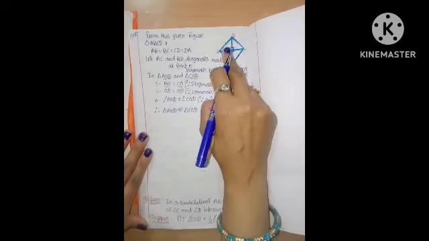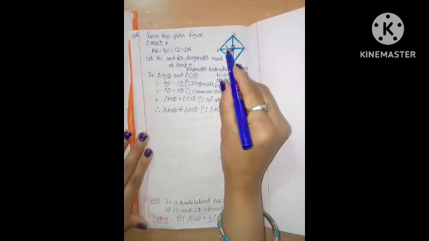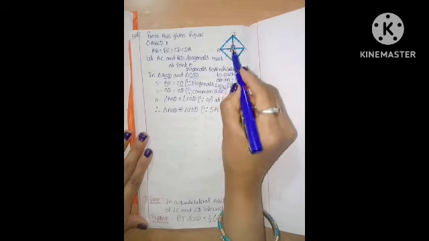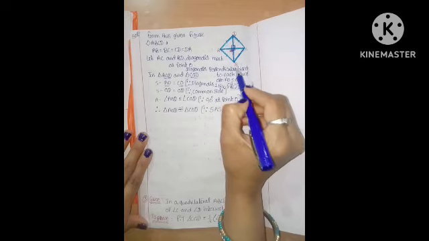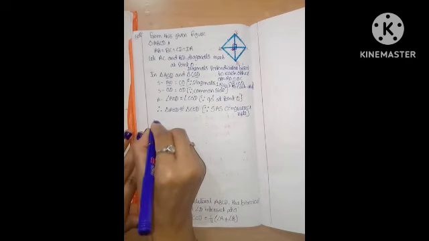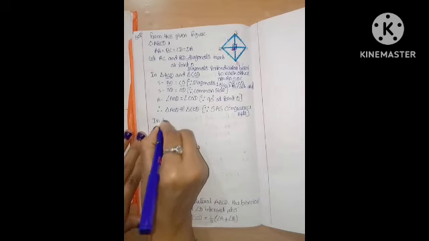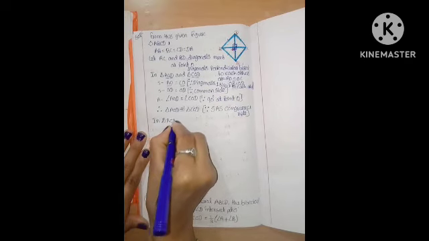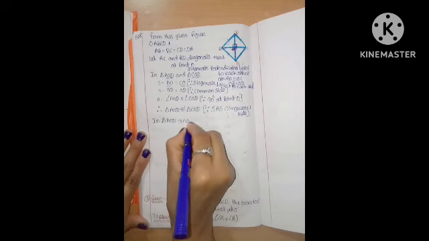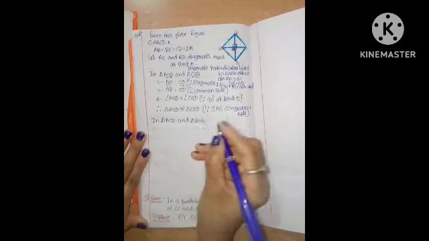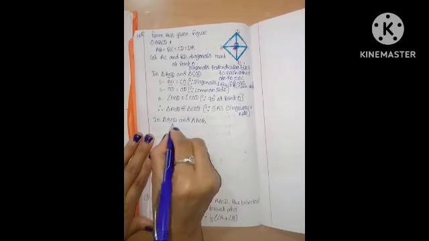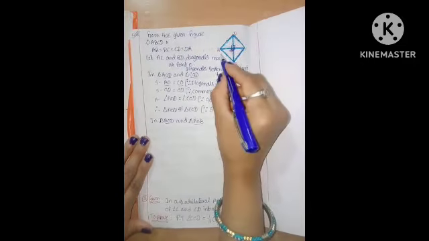And next, another two triangles. Let us take these two triangles, triangle AOD and triangle AOB. In these two triangles, AO is common.